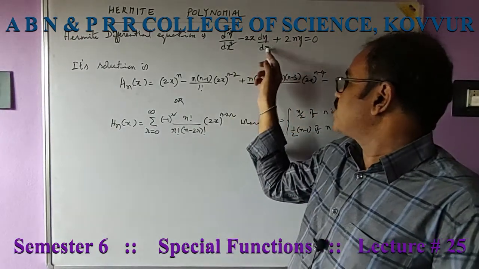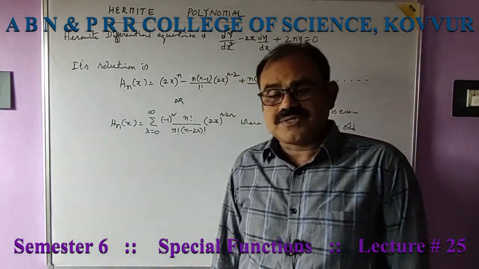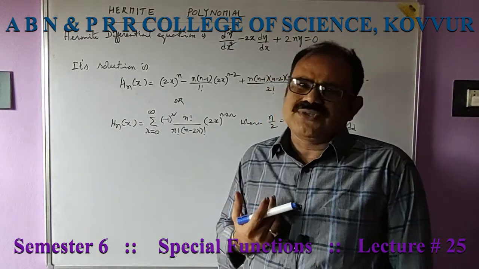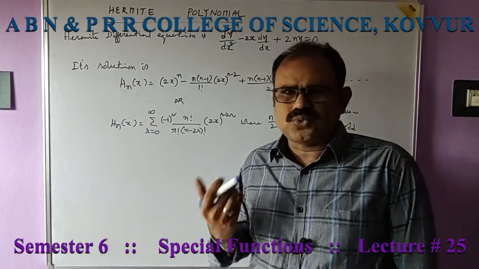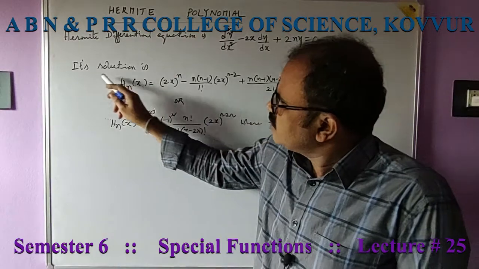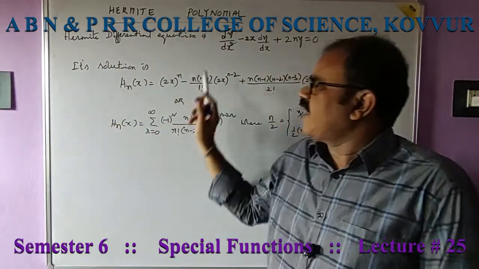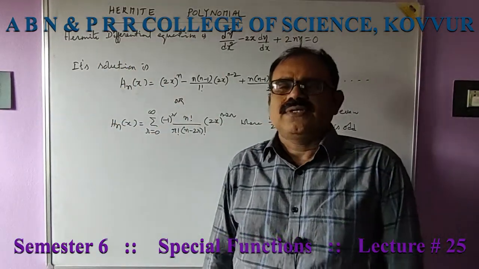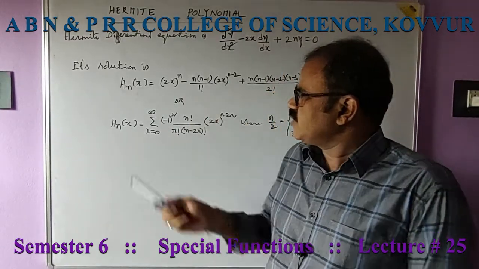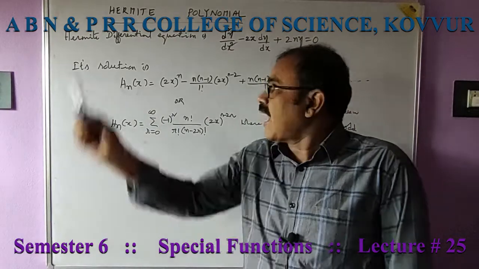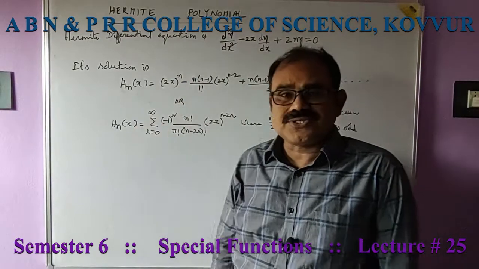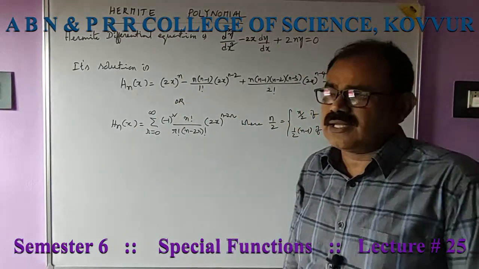Substituting d square y by dx square, dy by dx and y is equal to sigma r is equal to 0 to infinity ar x power k plus r, and solving that differential equation, we get two cases and finishing it, finally we get a solution, y is equal to sigma notation of something, that is said to be Hermite polynomial. The solution of Hermite differential equation is nothing but Hermite polynomial.